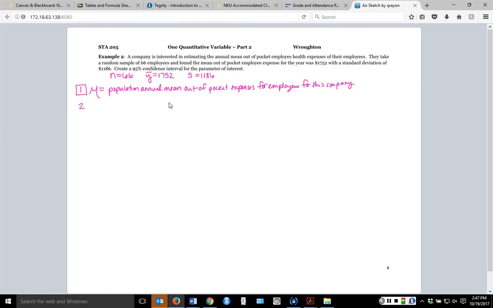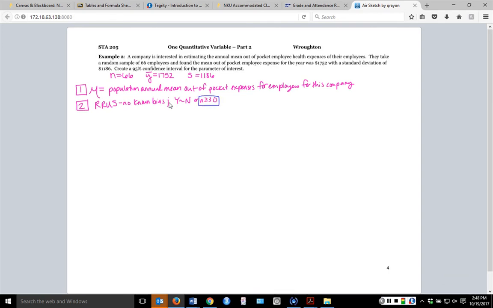Our second step is our conditions. Let's see, it says that we take a random sample of 66 employees. Not much given to us there. So we're good. Our second condition is we either need to know that it's normal or have a graph to look at to assess it, or have a sample of at least 30.